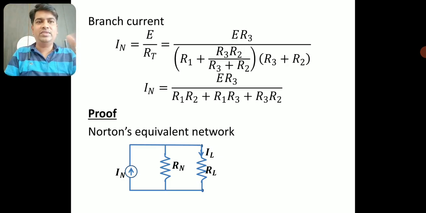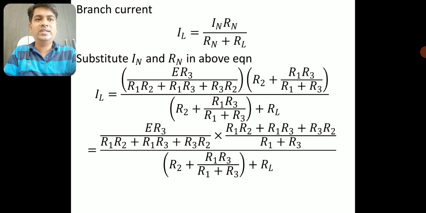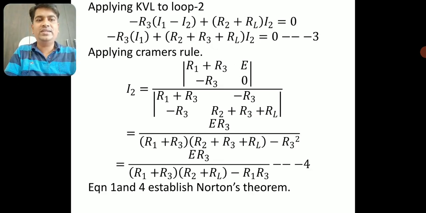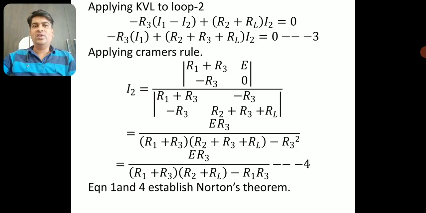Let us see what the two equations are. Look at equation 1, which I have established. It is ER3 divided by R1 R3 plus (R2 plus RL) into (R1 plus R3). It has to be plus in the denominator; please correct it. I am getting exactly the same equation. The current flowing in a Norton's network is exactly the same as the current flowing in a complicated network. So it is as good as saying that this complicated network is equivalent to this simple Norton's network.